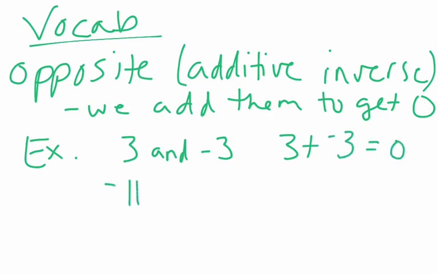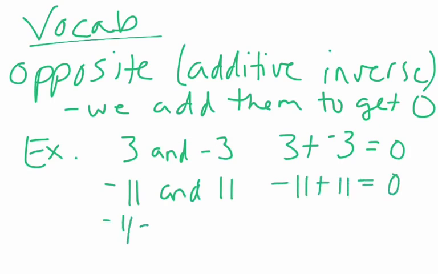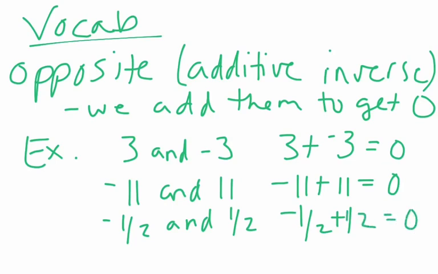Or -11 and +11, because -11 plus 11 gives you 0, and it works for fractions too. So -1/2 and +1/2. So these are the numbers that when you add them, you get 0. So when we use the word opposite, what we mean is the opposite sign. Like the opposite of a positive is a negative, and the opposite of a negative is a positive.